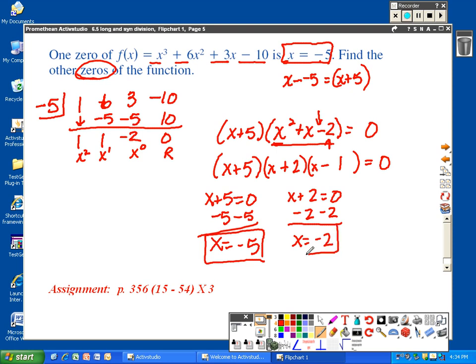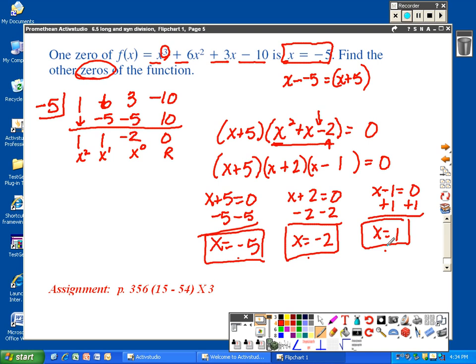A second root. X minus 1 equals 0. Add 1. X equals 1. A third root. 1, 2, 3 roots. Power of 3 should have 3 roots, just like power of 2 had 2. And after I found the factors, I can find the zeros or the roots.